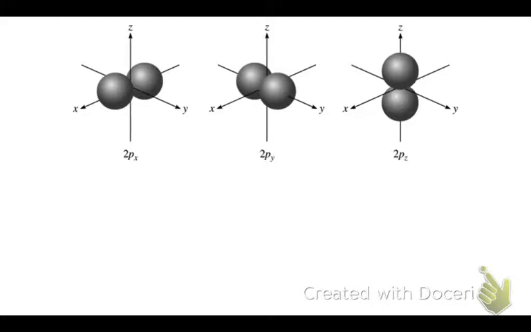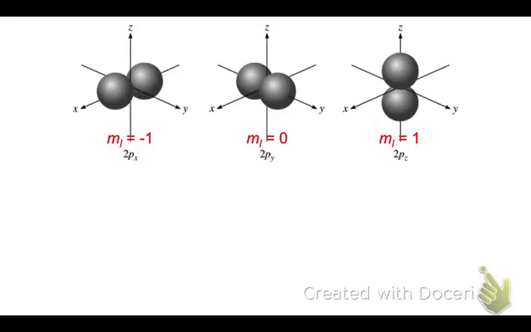So here are the 3 different P orbitals. We have PX, PY, and PZ. What does that mean? One of them will have a value of ml equals negative 1. The other one ml equals 0, and the last one ml equals 1. Where does that come from?